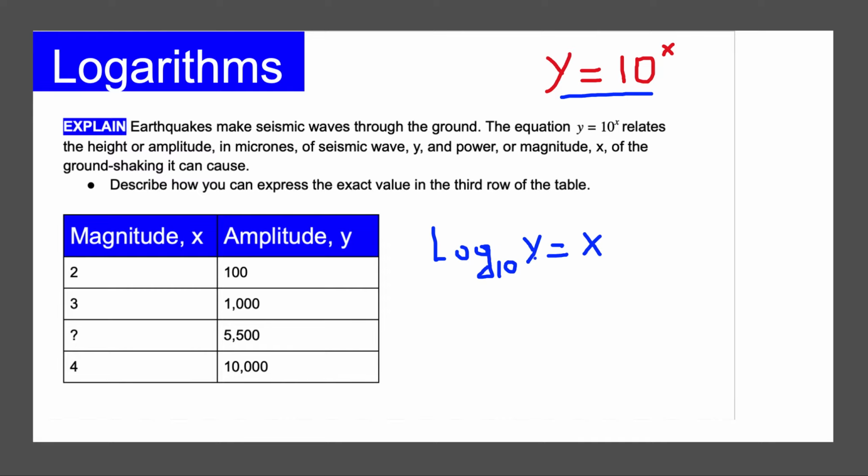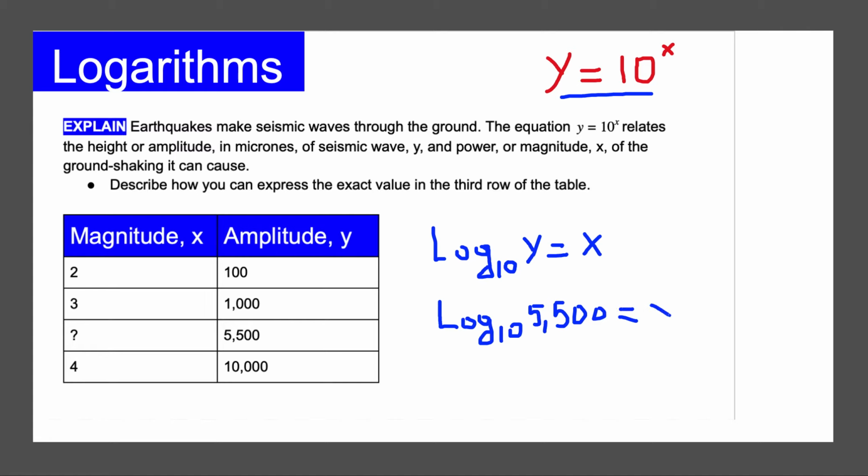Now let's see here. Y, for example, in the third row was 5500. So log base 10, and instead of y we write 5500, is equal to x.